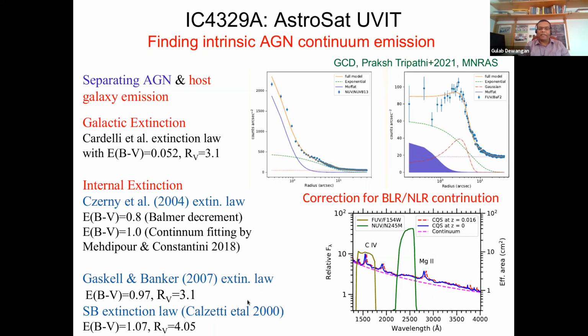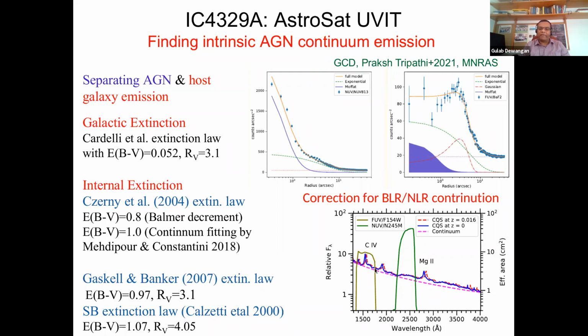Once you do all these corrections, one also needs to correct for the contribution of the emission lines, because when you are looking at the ultraviolet band, there are lots of emission lines, particularly carbon IV, magnesium II, etc. In between, there are also a number of emission lines, particularly the iron II complex, which cannot be decomposed into individual lines.